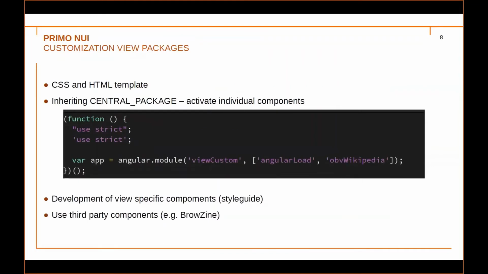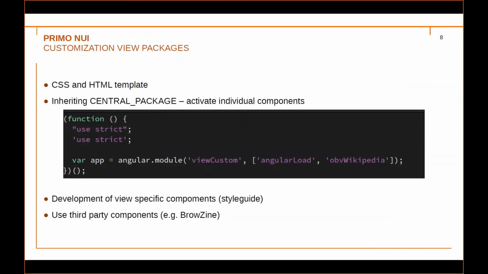Okay, so we have a central package, and all our view packages. The customization of the view packages is CSS and HTML. That's most of the customizations, and the functional customizations are mainly based on the central package. So it's pretty easy.